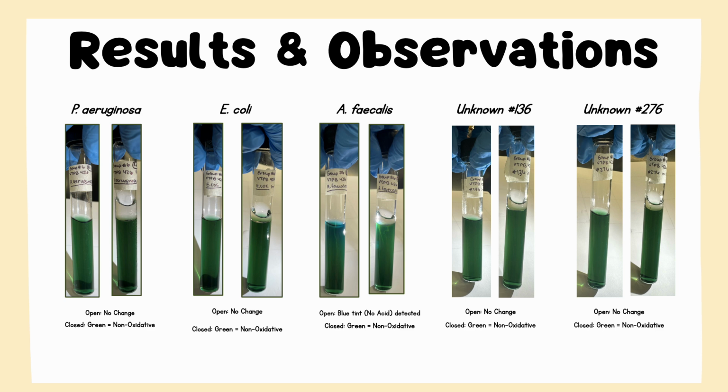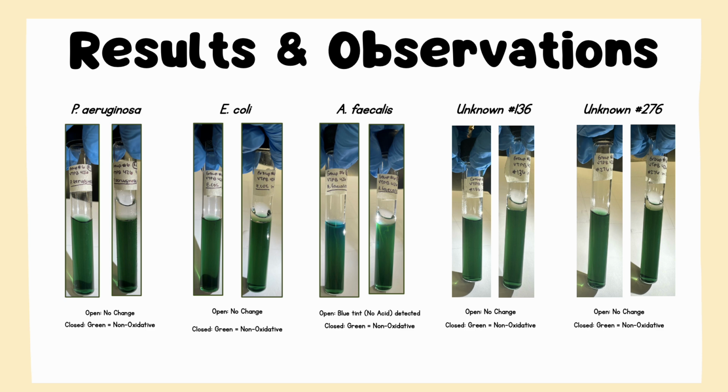As for E. coli, starting off with the open, we have no change, and for the closed, we have green color, which means that it's non-oxidative. As for A. faecalis, on the open, we have a blue tint, which means that there is no acid detected. So this is the one that was different compared to the other ones.